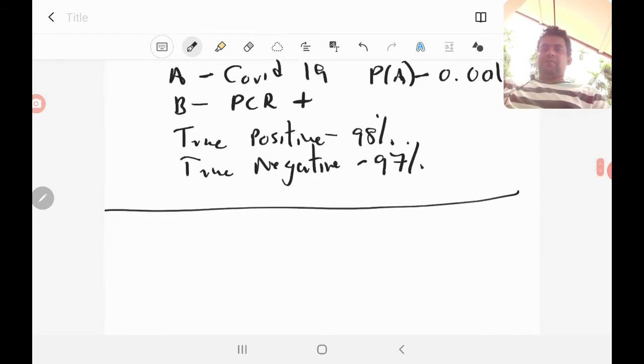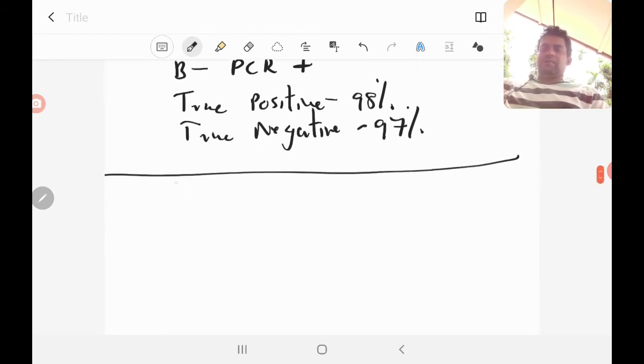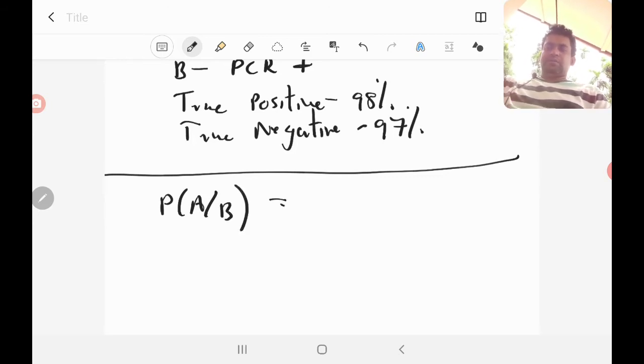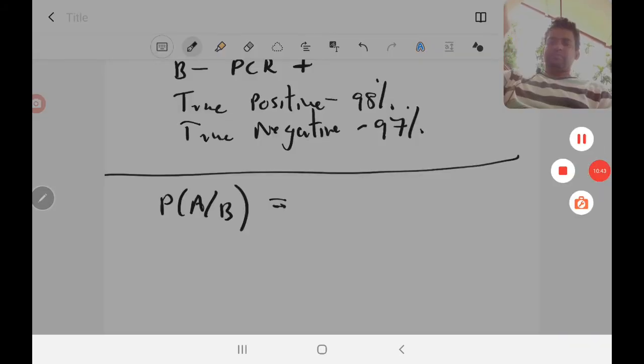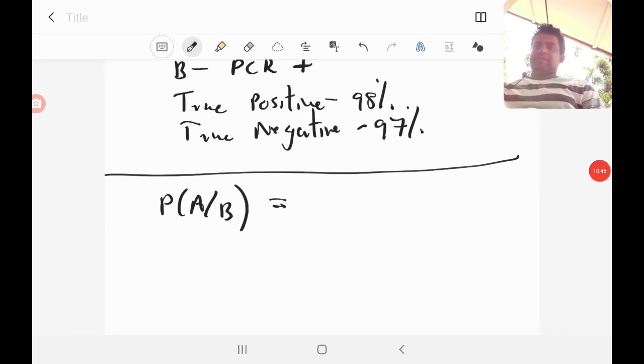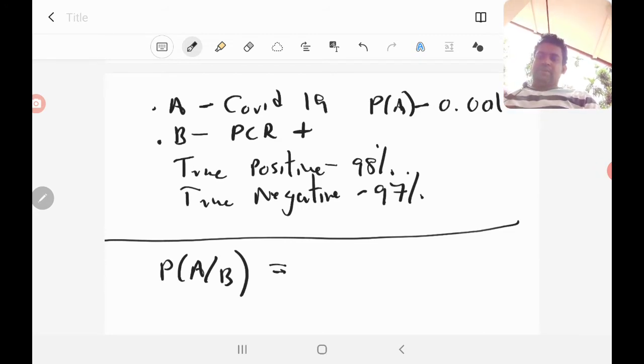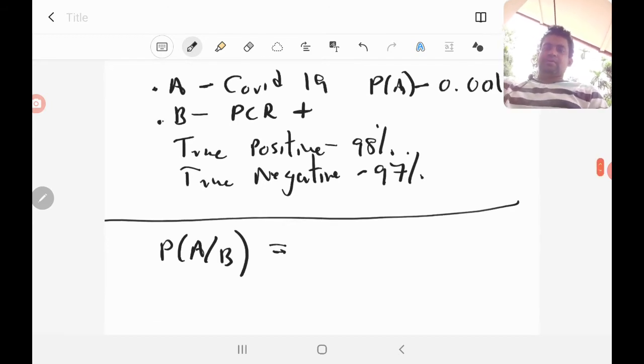Suppose we already know those figures. If you know these figures, how can we calculate this conditional probability, the probability of A given B? That is, given someone has tested positive, the probability of them actually having COVID-19, right? We don't know that, but to calculate it, we can use the Bayes theorem.